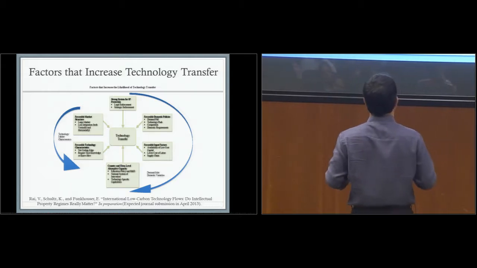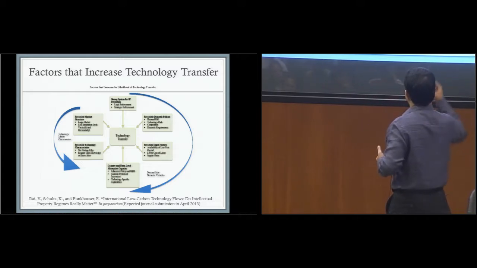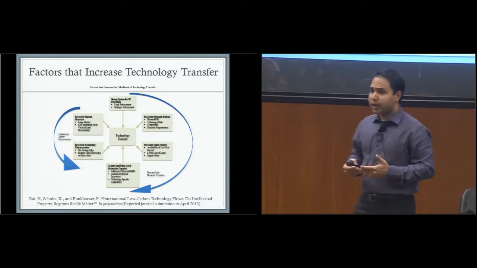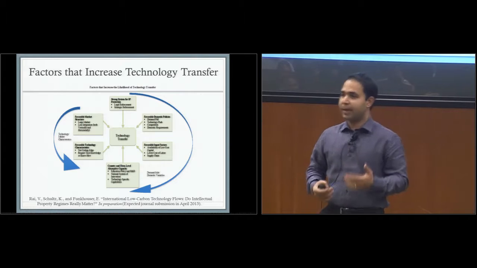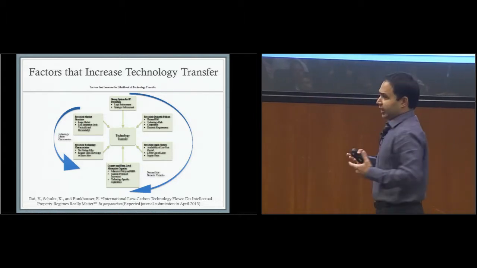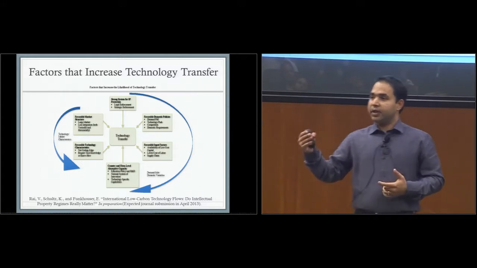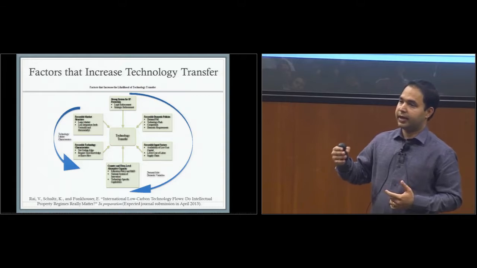So how strong is the IP system? How favorable are domestic policies? How favorable are the input factors like manufacturing or capital, labor? That's very important. And then finally, is there absorptive capacity in the interested firms and countries?